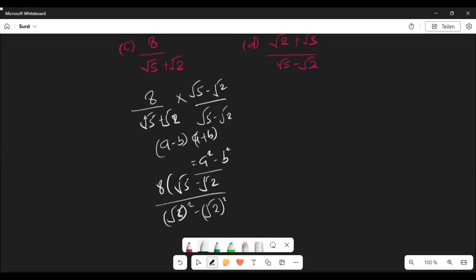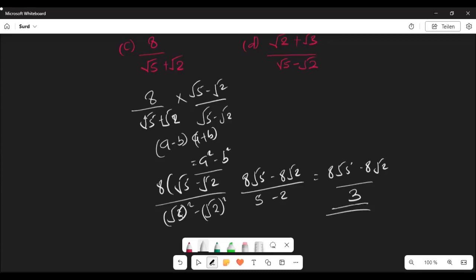I'm going to open the upper bracket so that we have 8 root 5 minus 8 root 2. And here again, what is root 5 squared? That's basically 5. Then minus 2. So the final answer is going to be 8 root 5 minus 8 root 2 over 3. Okay, I used that shortcut because normally if you know this formula, then things become easier.